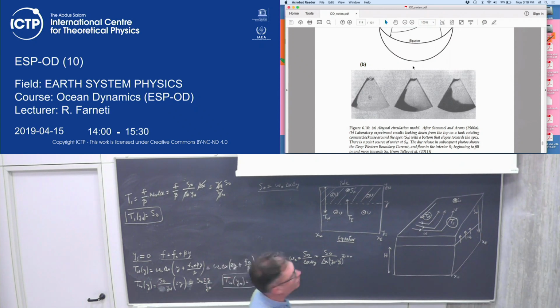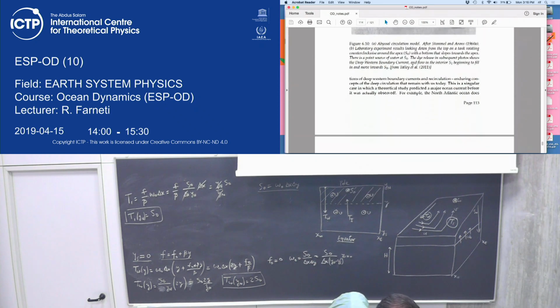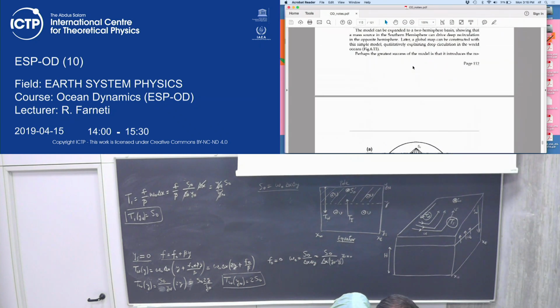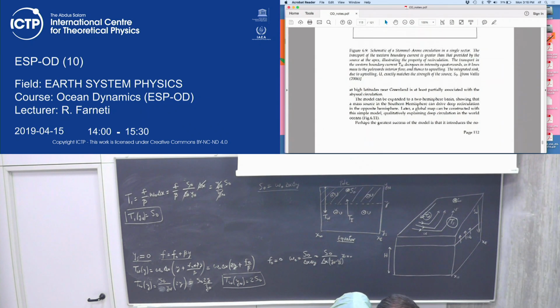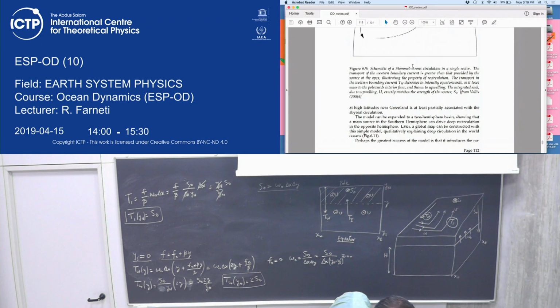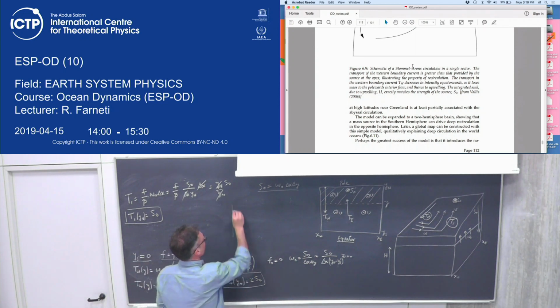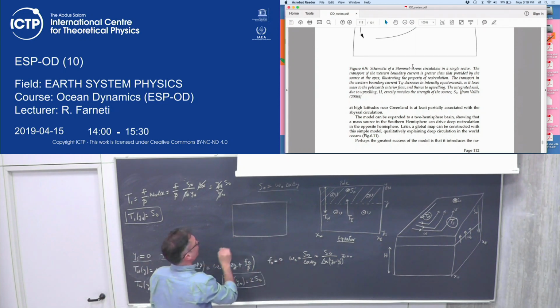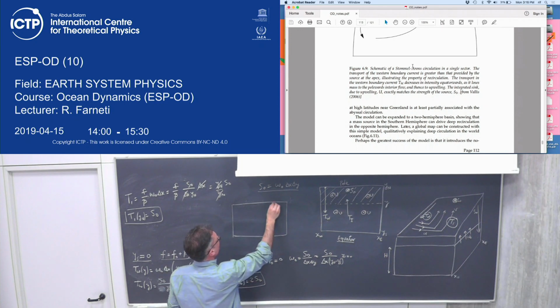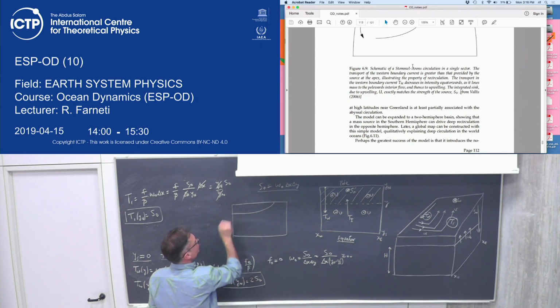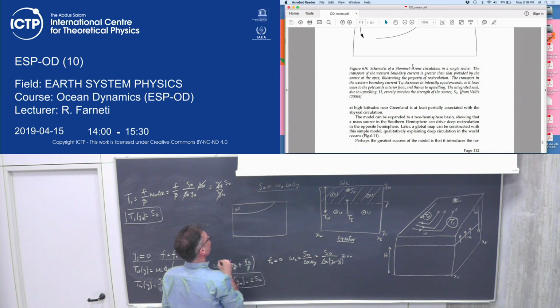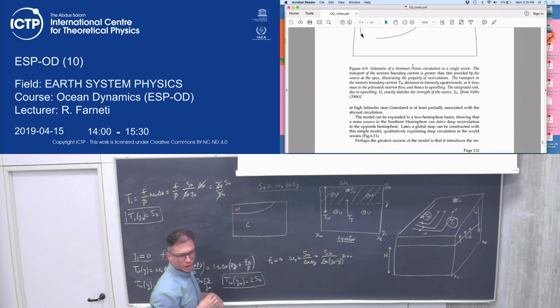So the nice thing of this very, very simple model of the abyssal circulation is this. When we were doing the simple thermocline with some warm water here and some cold water here, we were saying how thick is this thermocline, okay?